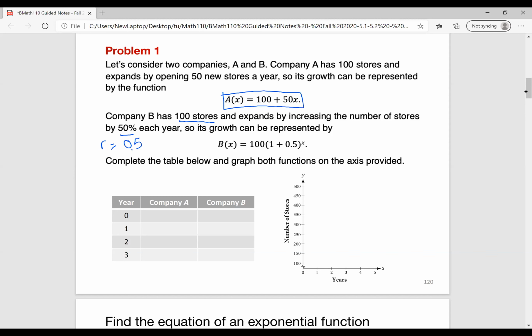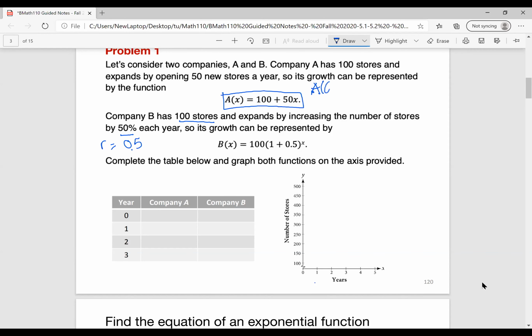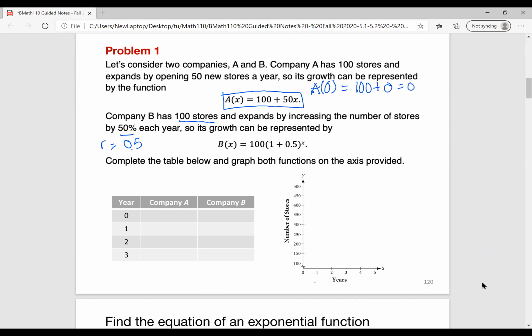Okay. So let's complete the table below and graph both functions on the axes provided. For year equal to 0, what happens with company A? You need to plug 0 into the company A function. So I have A(0), what is that going to be? 100 plus 50 times 0 is 0, so it's going to be 100, right?